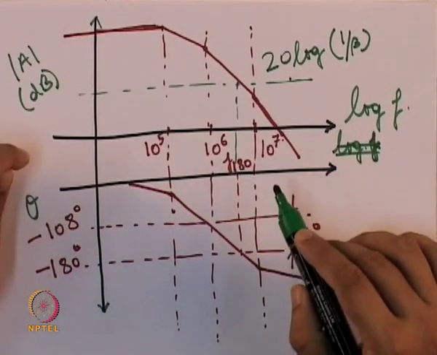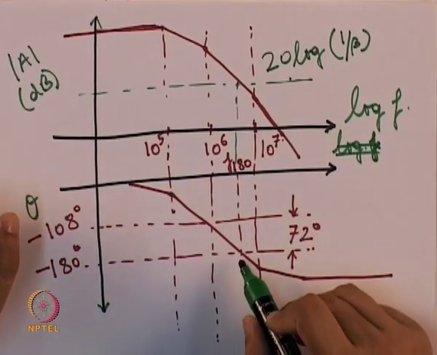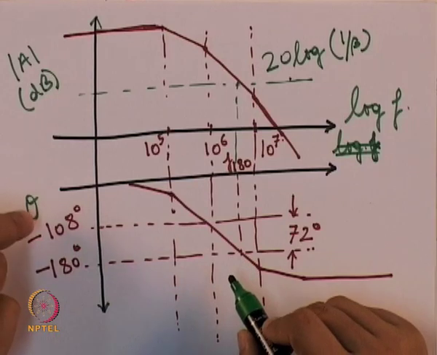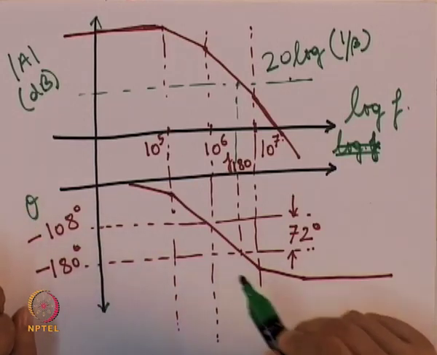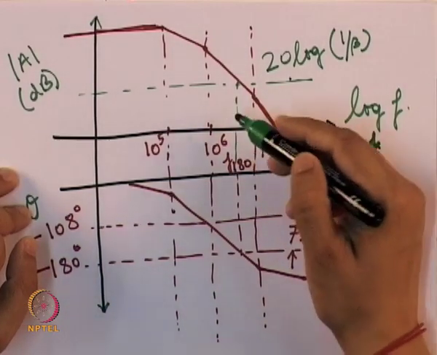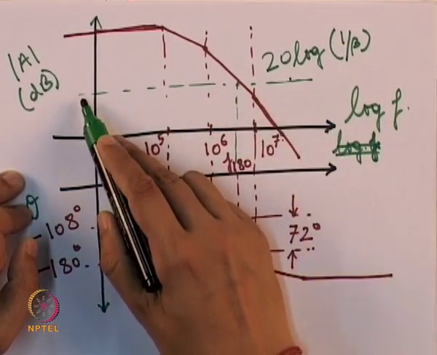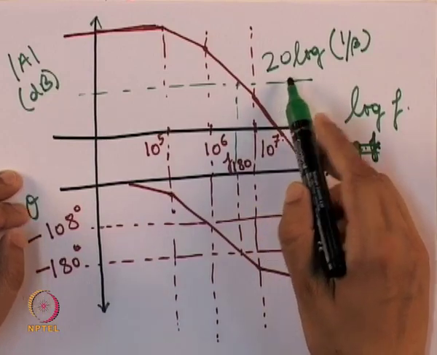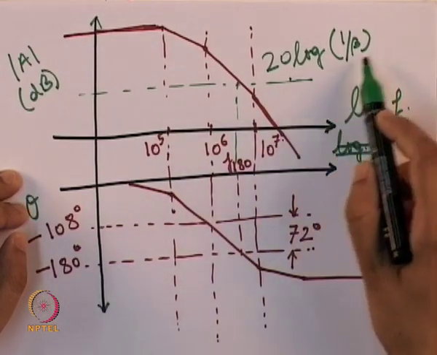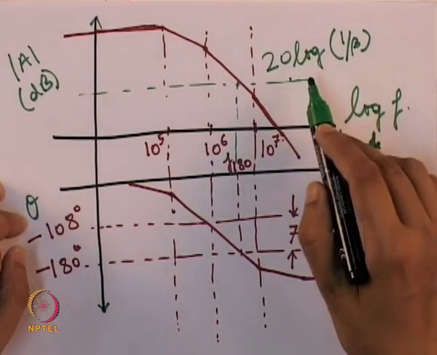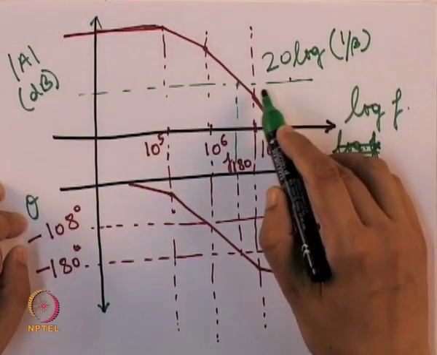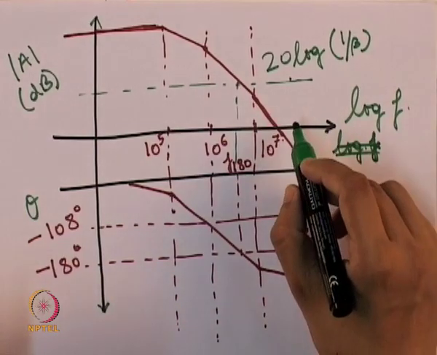So f180 is the frequency where the phase of the transfer function becomes equal to 180 degrees. So at that frequency itself, the contribution of the feedback network, represented by this 20 log of 1 upon beta, crosses the red line.